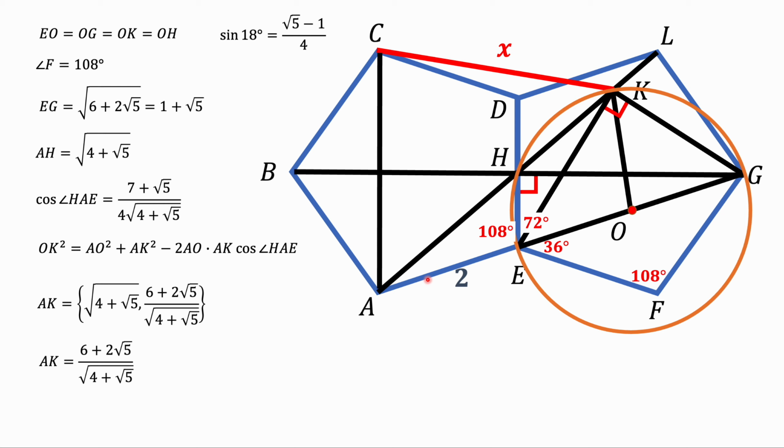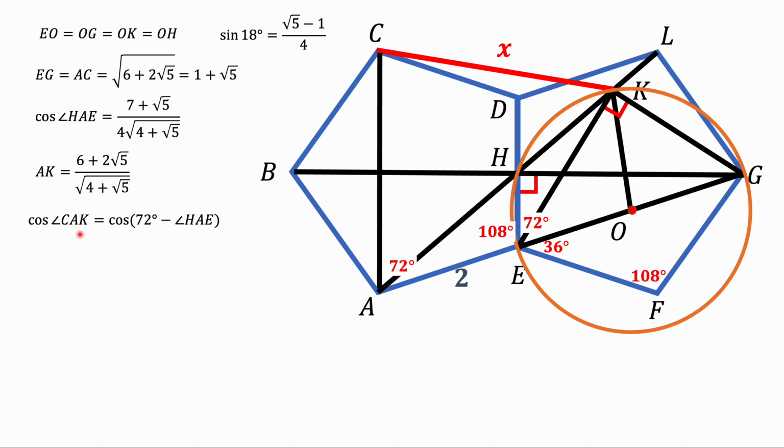So we found AK. Now we need to find this angle CAK, or more precisely the cosine of this angle. The cosine of that angle is the cosine of 72 degrees minus angle HAE. There is a formula for the cosine of the difference of two angles. If you're not familiar with that formula, there is a link below.